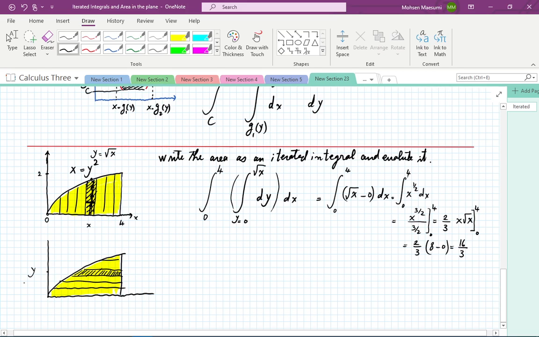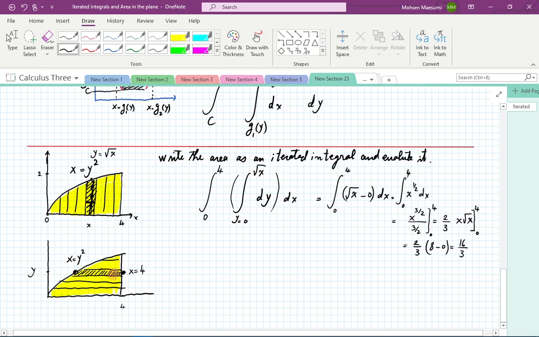At that y I need to know where I start my slice and where I stop. Well, the starting location of this slice is given to us straight out, x equal to y squared. So the location at which this slice starts is x is equal to y squared. At what point do I stop? Well, all of these things are stopping at x equal to 4.